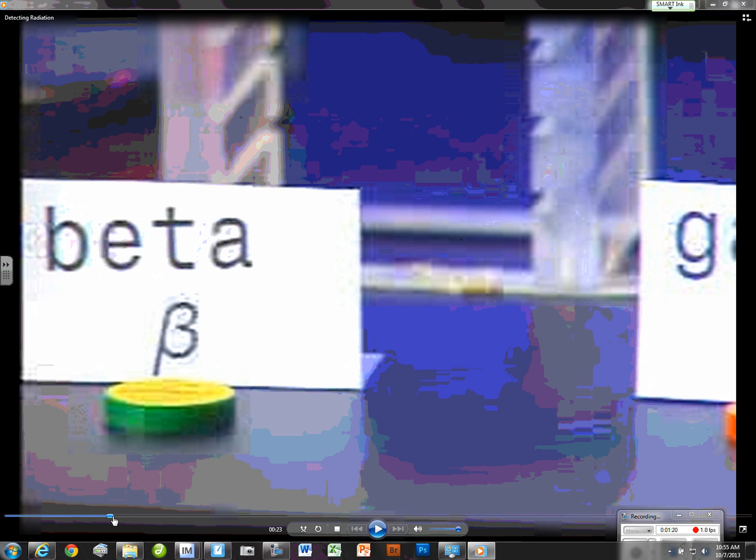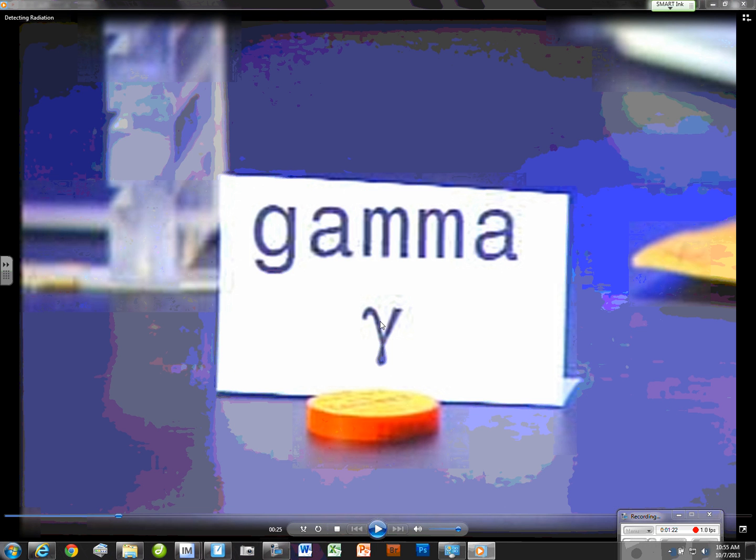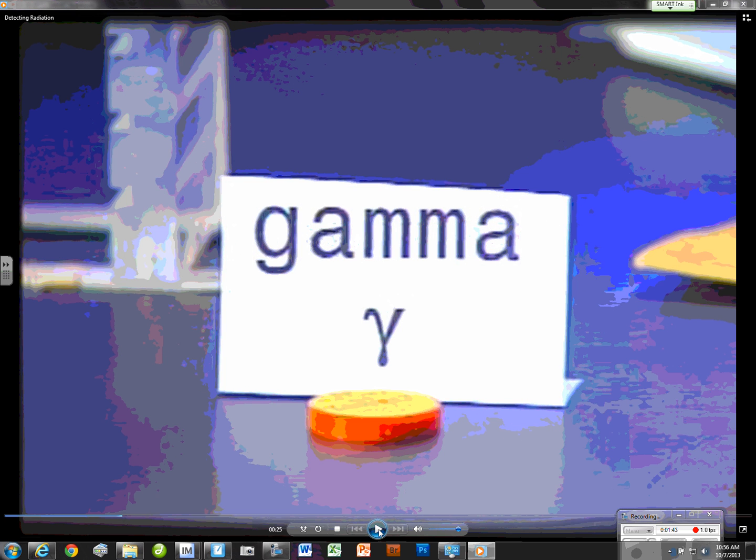Now when we get over here to gamma, that gamma dude is no mass at all. It is pure radiation. And this is the dangerous guy. This guy is dangerous because he can go through anything, as you're going to see in this video.